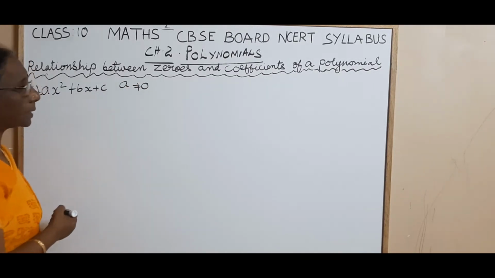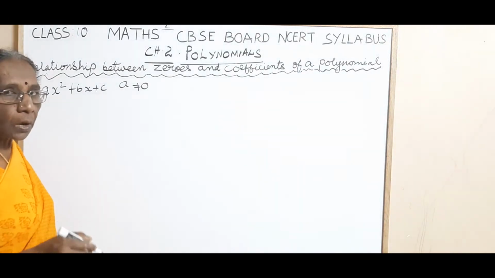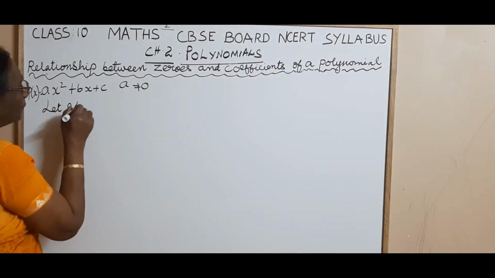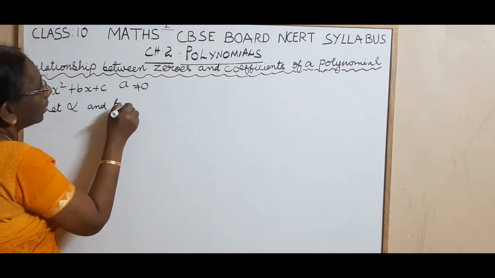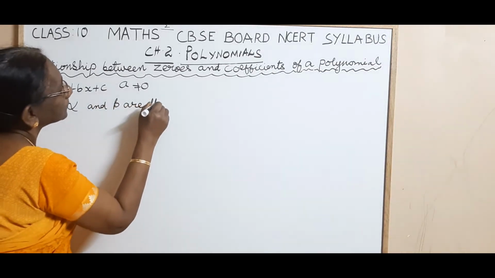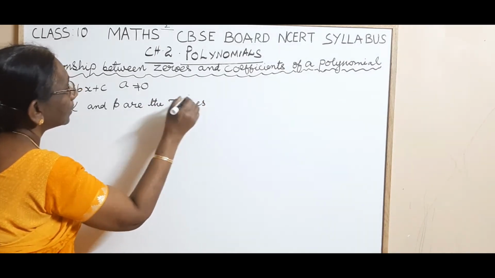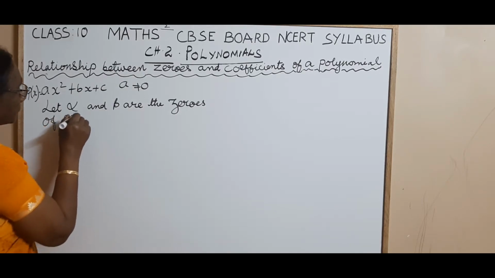So, we are going to find the zeros of this polynomial. First, let us consider alpha and beta to be the zeros of the polynomial p of x.